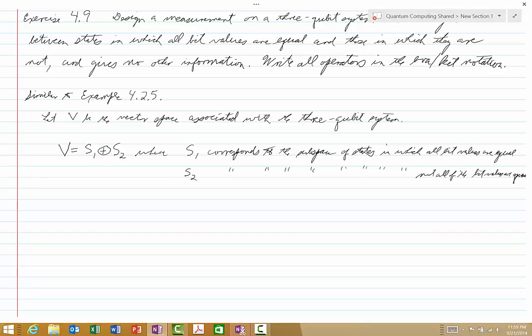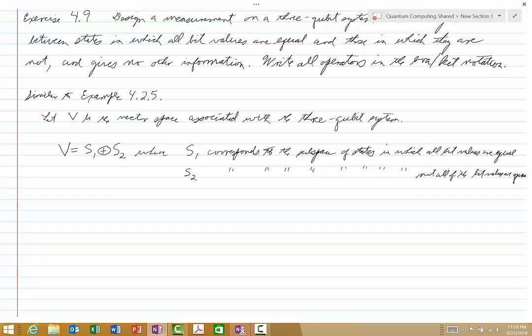I want to encourage you to take a look at example 4.2.5, see what the authors did in that case, compare it to what we have so far in this exercise, and then try to find a basis for S1 and S2. So stop now and try that and then resume.